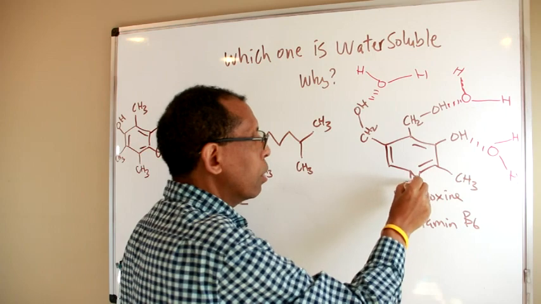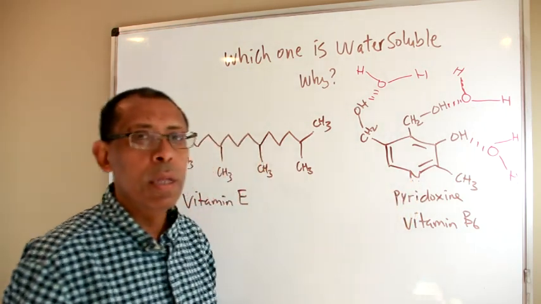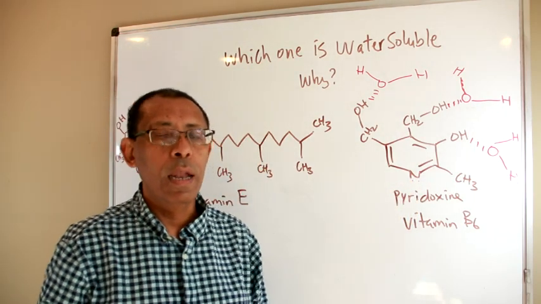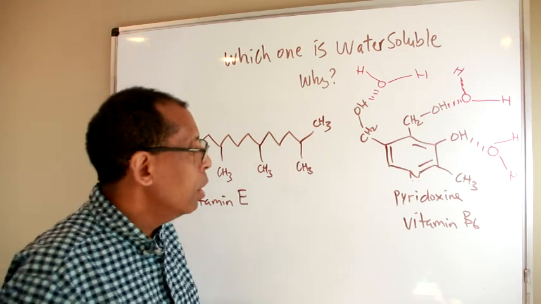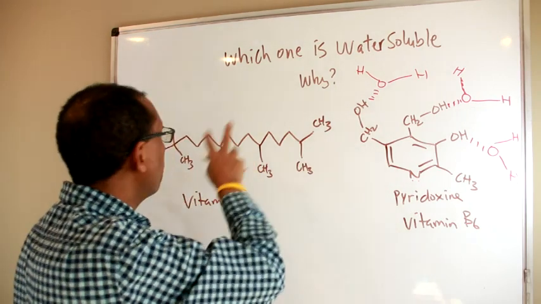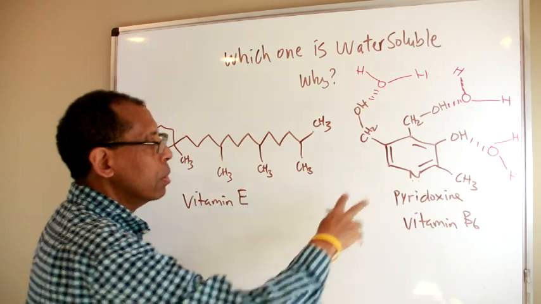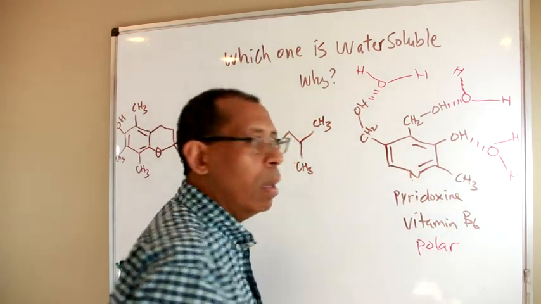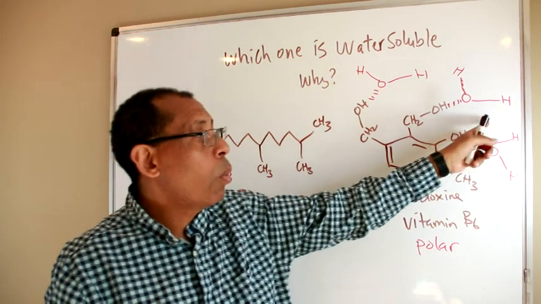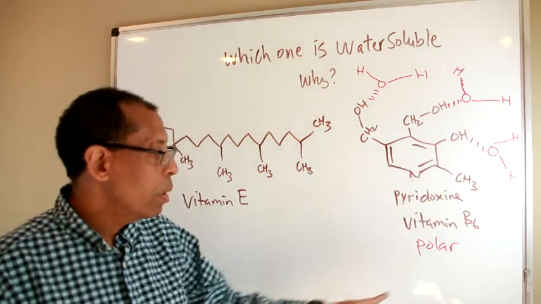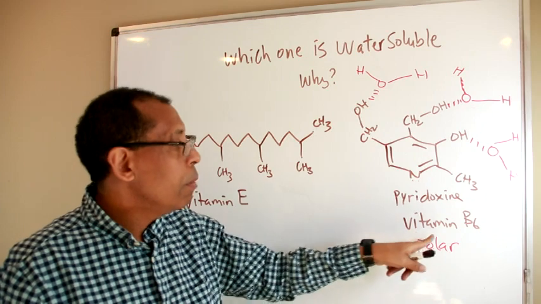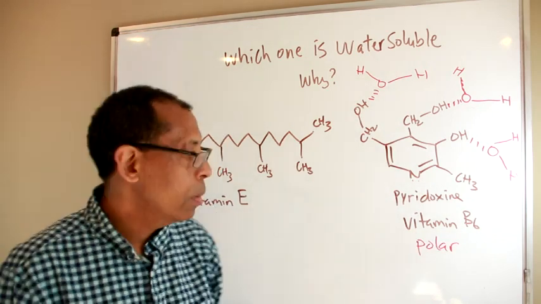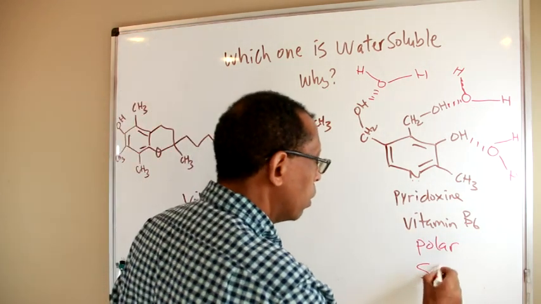And even nitrogen with its lone pair has a certain level of dipole. So if you compare the 2 compounds, this compound could be said to be polar. Since water is a polar molecule as well, and vitamin B6 is a polar molecule, it is more soluble.